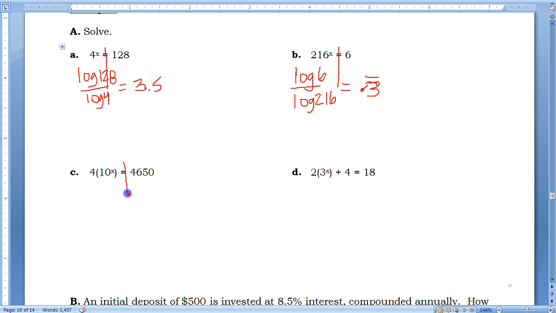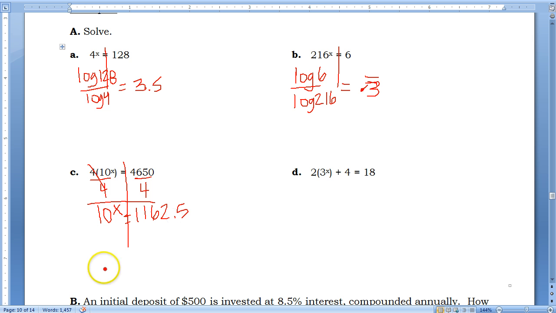The next one gets a little more complicated. We actually need to use a line on this one because I need to get rid of that 4. Before I can do the log step, I need to have everything else isolated. So I need to get rid of this 4 on both sides. That'll leave me with 10 to the power of x equals 4650 divided by 4, which is 1162.5.